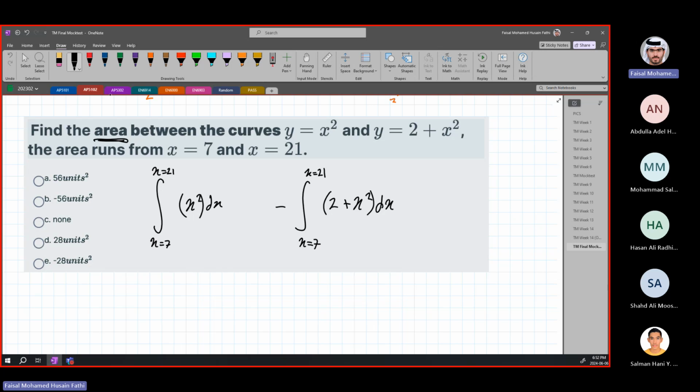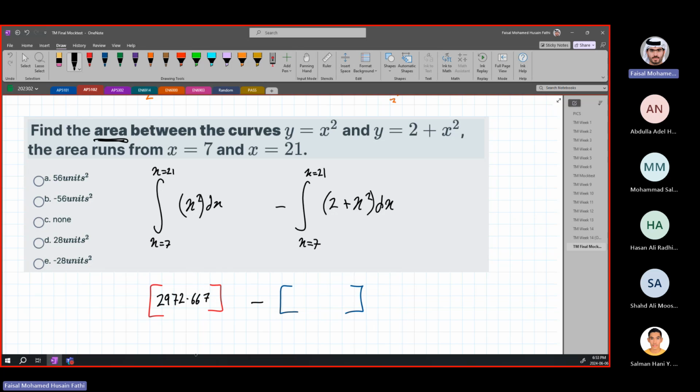And now you can just do this integration in the calculator and find your final answer. So I'm going to do each one separately. This one I'll put first, minus the second one over here. So integration of x power 2 from 7 to 21 gives me 2972.667.